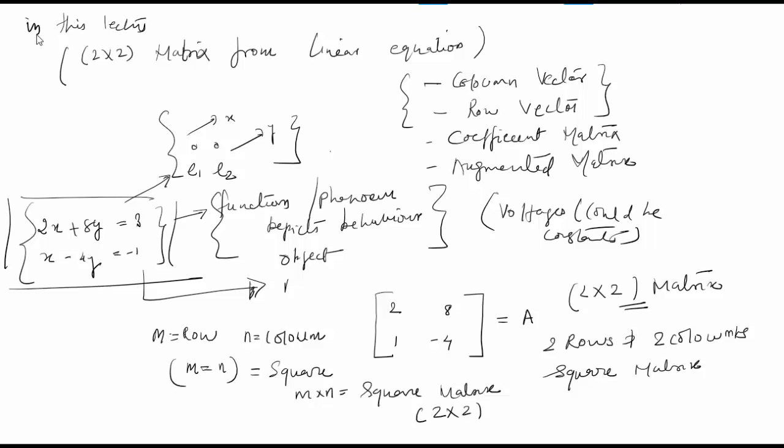It's possible to write it as A of m cross n or A of ij, where you represent the elements like this is a11, this is a12, this is a21, this is a22. So it's possible to represent each element of the matrix in a way given by i or j notation.